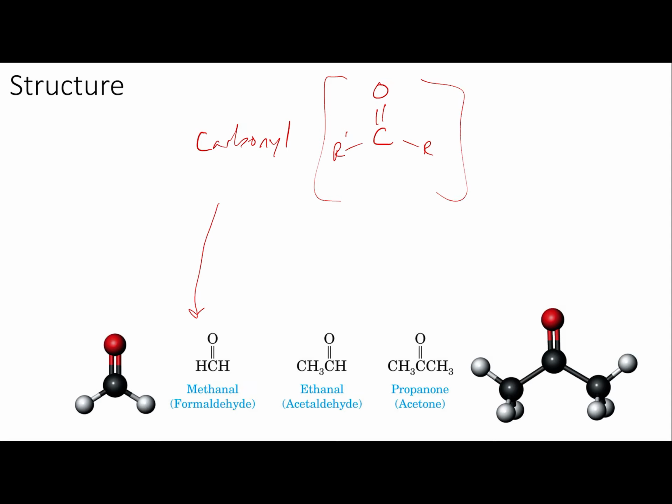So if we were to put an H here and leave R as some other carbon group, whether that's just a CH3, like in ethanal, meaning two carbons essentially. Oh wait, no, not this guy.